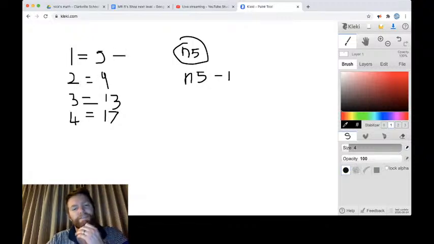No, it doesn't. So we've got a problem, because it works for this one because n is 2, so 2 times 5 equals 10 minus 1. It works for this one, but it doesn't work for this one because 1 times 5 is 5, and then I'd have to minus 1, which gives me an answer of 4, and the answer is 5.